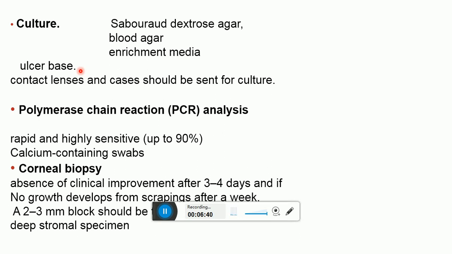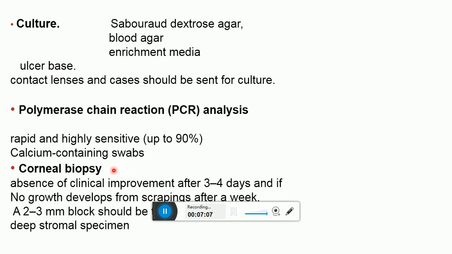If applicable, contact lens cases should be sent for culture. Polymerase chain reaction (PCR) analysis of specimens is rapid and highly sensitive, up to 90%, and may be the current investigation of choice. Calcium-containing swabs can inhibit polymerase activity, and local collection protocols should be ascertained prior to specimen collection.